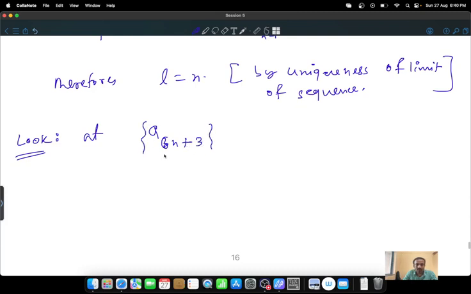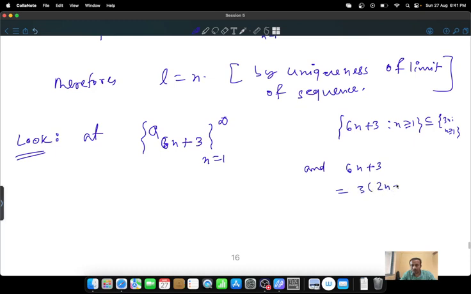This is obviously a subsequence of 3n, n greater or equal to 1, and 6n plus 3 equals 3 times (2n plus 1).